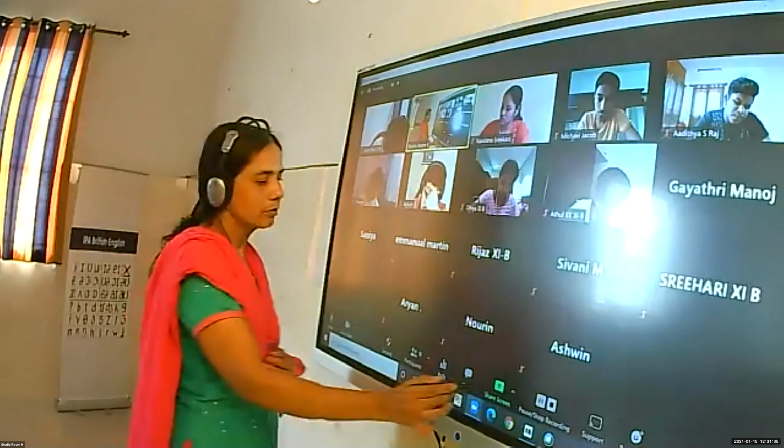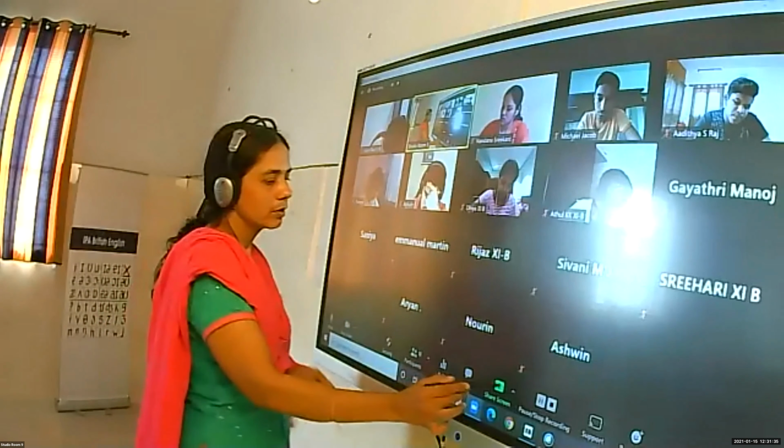Before solving the problems, the main thing you have to know is that when you draw the angle, it is divided into 4 quadrants. The first, second, third and fourth quadrant. In the first quadrant, we take theta.